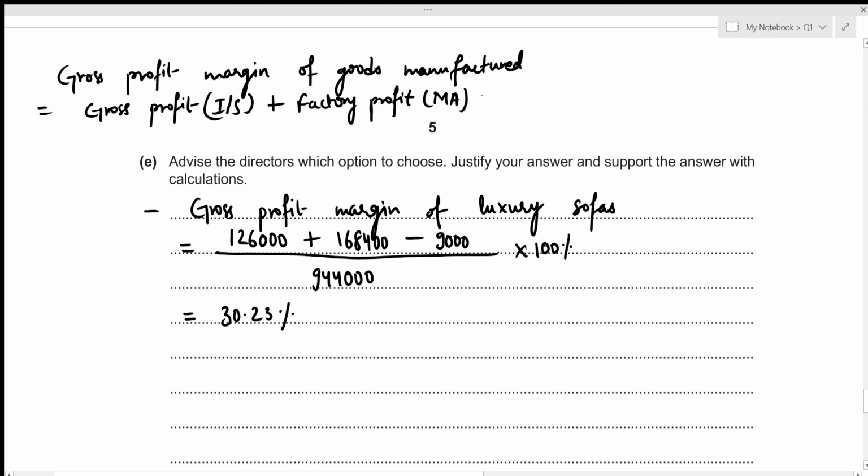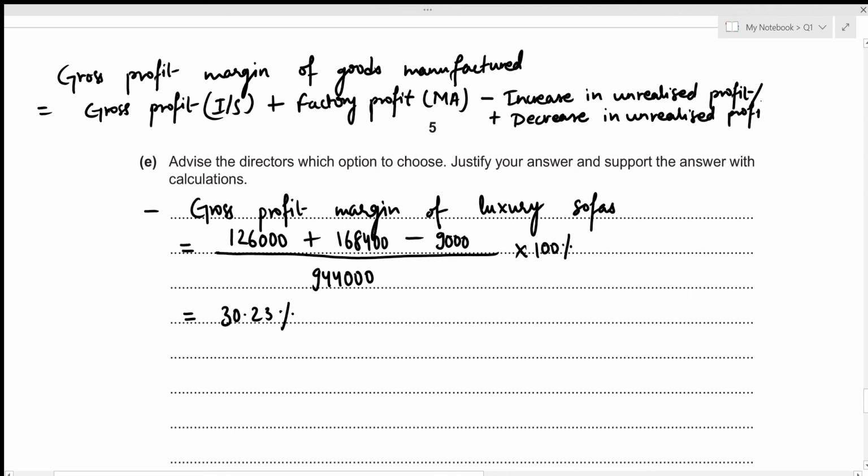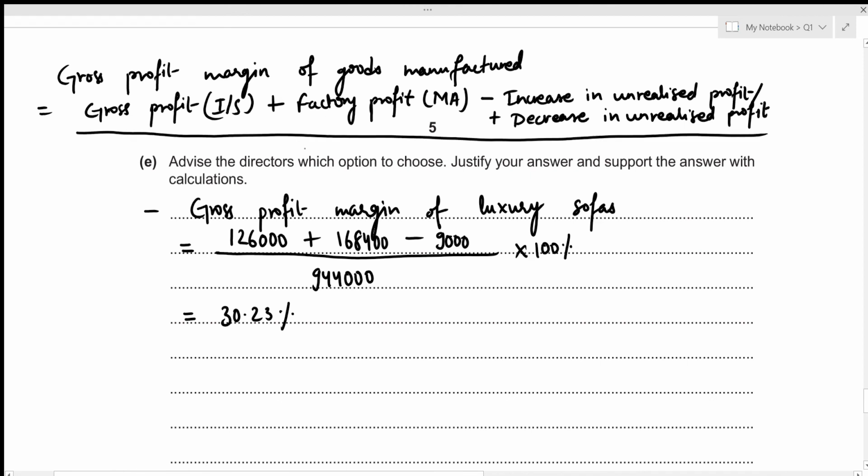Right, so if there's an increase, that's minus increase in unrealized profit. But in the case of decrease, we will add it. So that's plus decrease in unrealized profit. And we just divide it by our revenue, and then we just multiply it by 100%. So this is the formula. If you find it difficult to understand it conceptually, it is better to at least understand the formula.